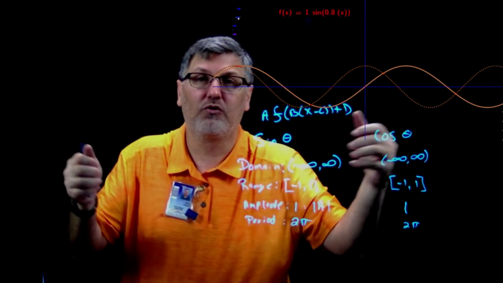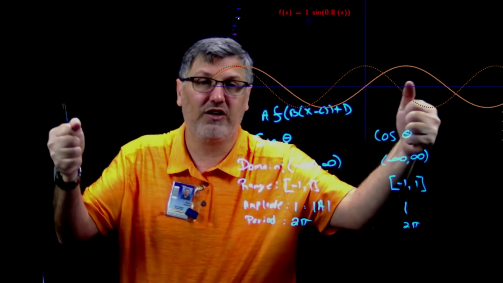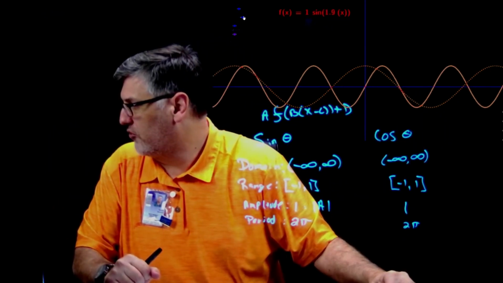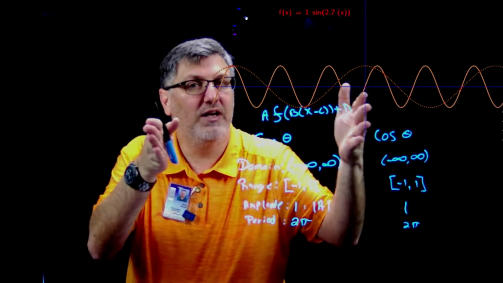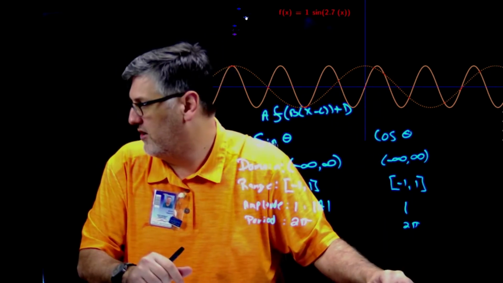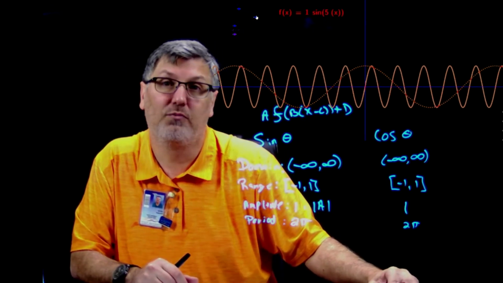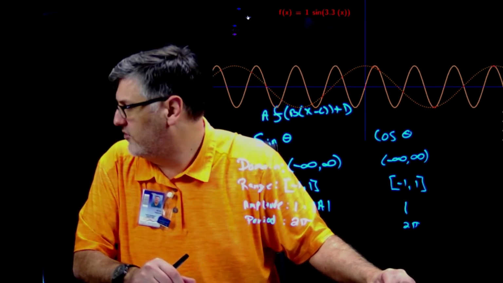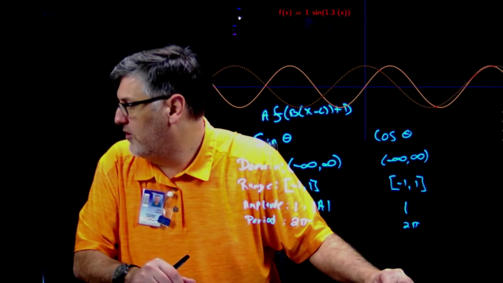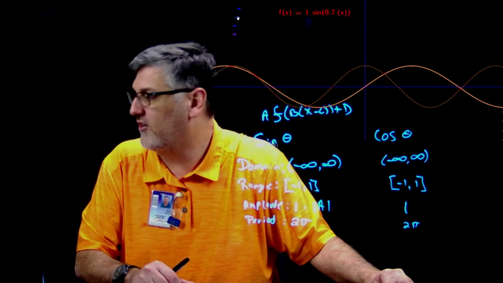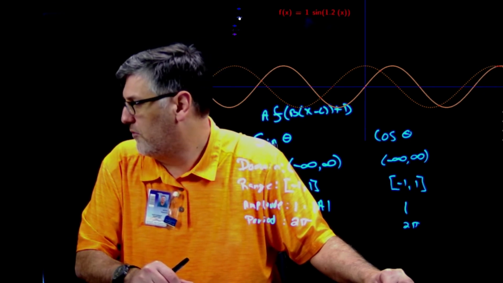So if you're multiplying it by a smaller number, the wave is actually getting stretched out. If the number is greater than 1, you notice this wave is coming in. It's actually a compression. So as your B gets bigger, your period is actually getting smaller. If the number is between -1 and 1, not including 0, your period is actually getting longer. So we'll put that back to 1.